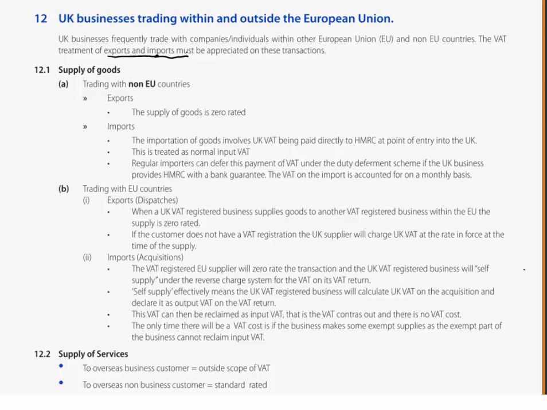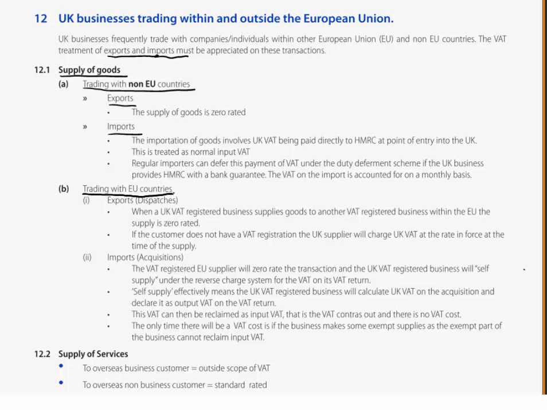What we'll see, however, is we've already distinguished between transactions that are within the EU and transactions which are outside the EU. So in relation to the supply of goods, when we trade with non-EU countries, when we sell to them, we call them exports. When we buy from them, imports. I'm sure words that you are familiar with, imports and exports.